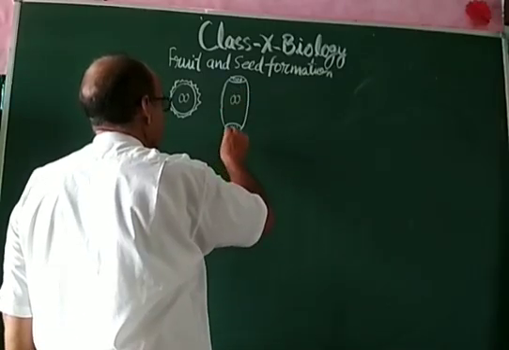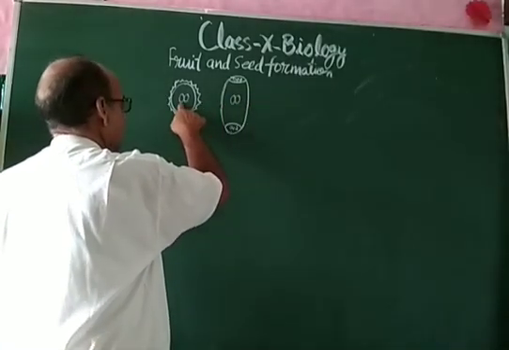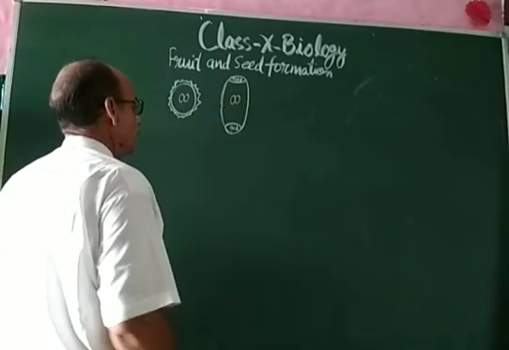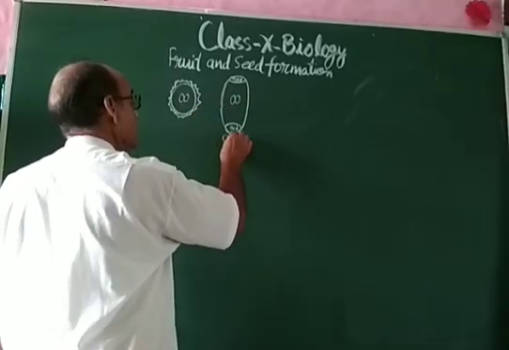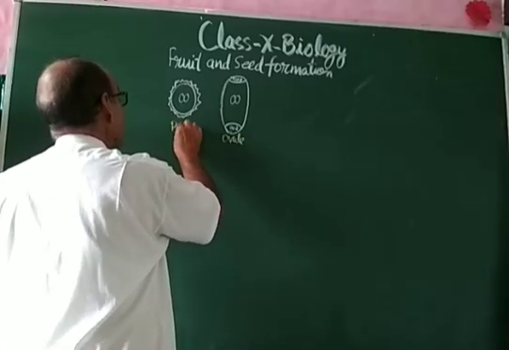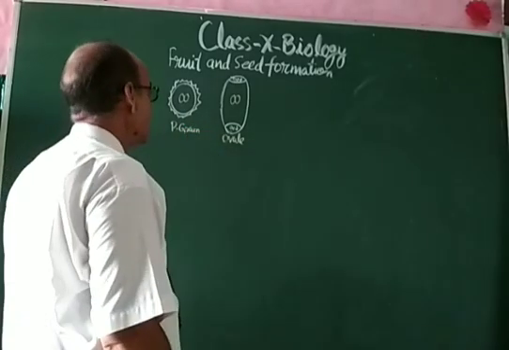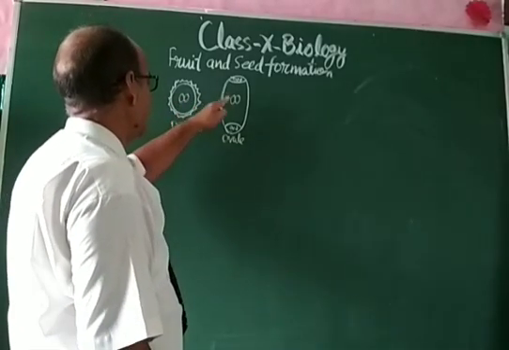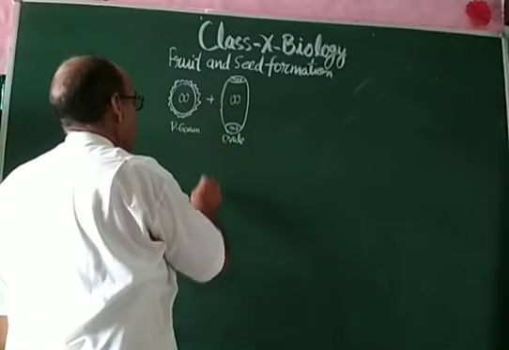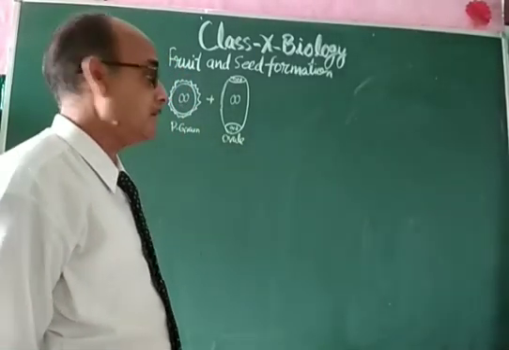So the fusion of the pollen grain nuclei and the ovule nuclei takes place here, during the process of fertilization in the ovary.